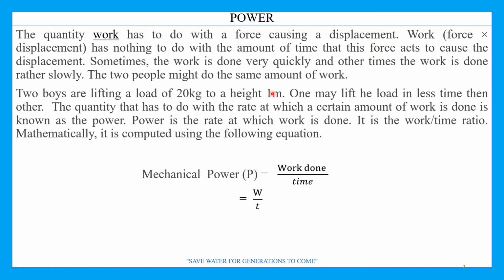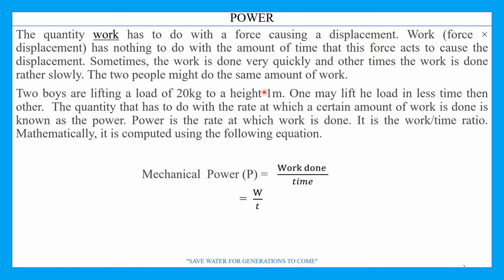The work done here, because you are lifting the load, is gravitational potential energy, so work done will be m into g into h. Work done by both of you is the same here. But who is said to be more powerful?